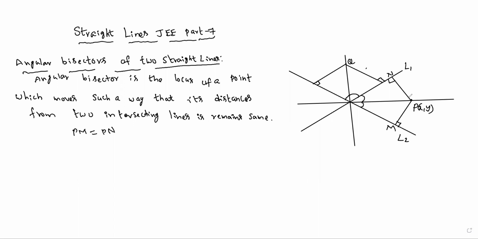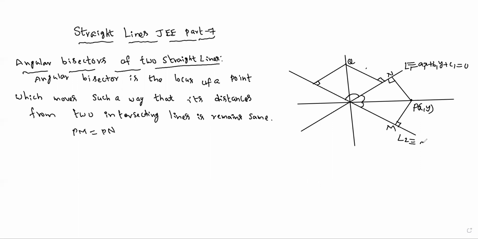How to find the equation of angular bisectors? The perpendicular distance from P to L1 is PN. P to L2 is PM. Now the distance from a point to a line we know already. The equation of L1 is A1x plus B1y plus C1 equal to 0.